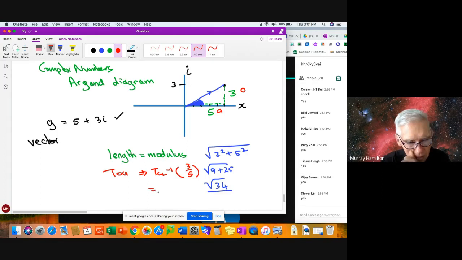So what's the inverse tangent of 0.6? We need to calculate that on our calculator. 30.96. So the angle is actually 30.96.